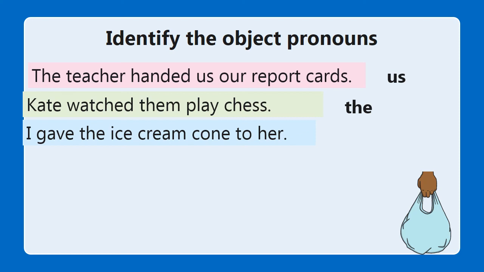That's right, gave. So all the words from gave straight to her is the predicate part of the sentence. And therefore, we need to find the object pronoun in the predicate part. And what is it? Her. That's right. Remember that I is in the subject part of the sentence. That's a subject pronoun.